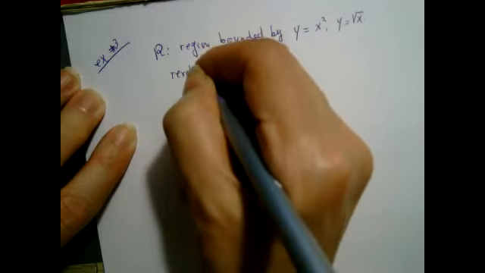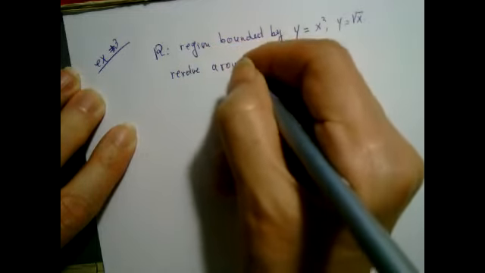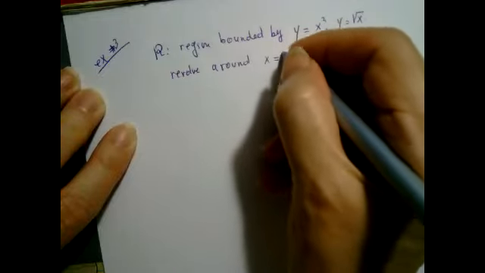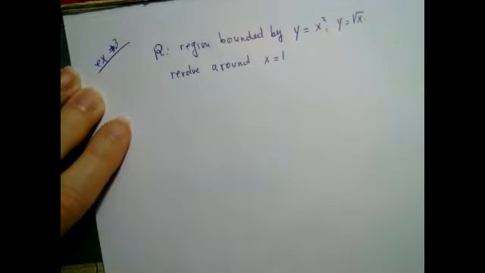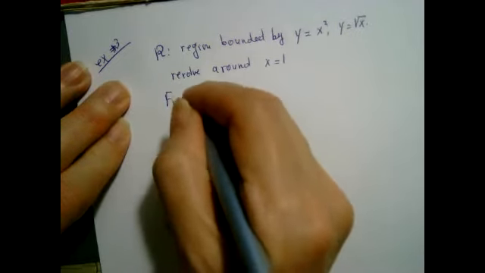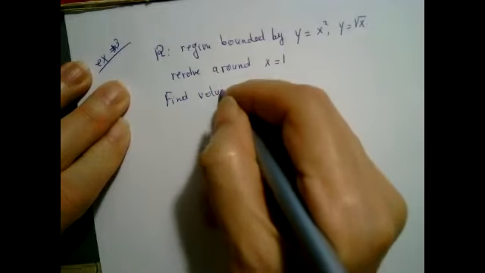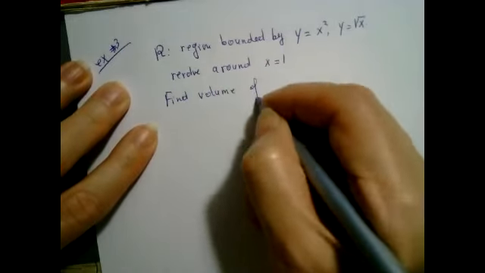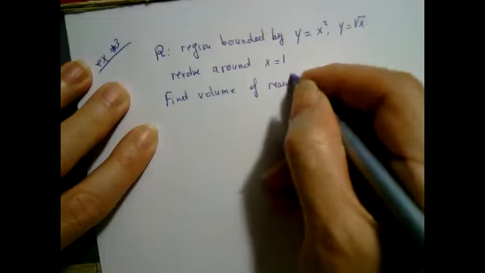And we're going to revolve around, this time, around x equal to 1. Very careful. The question is, find the volume of the resulting solid.